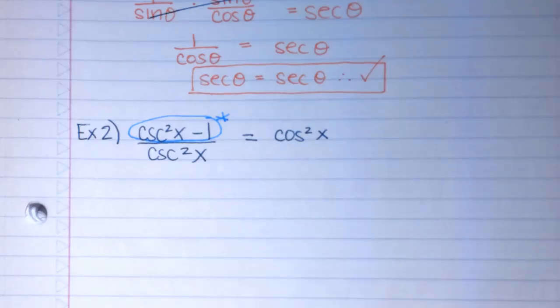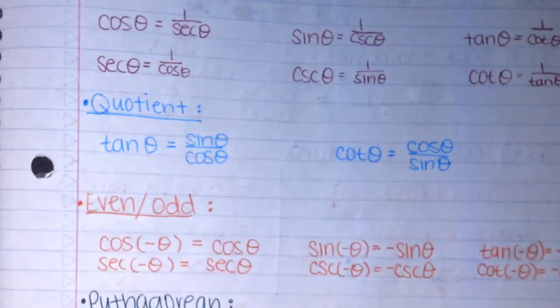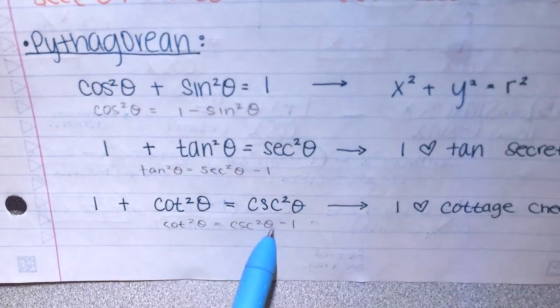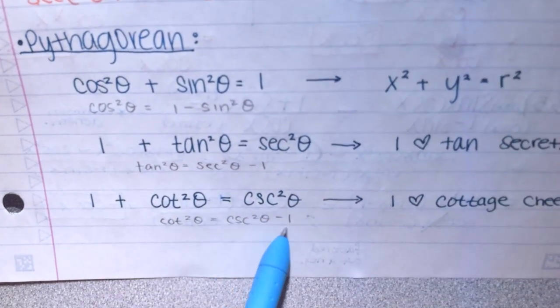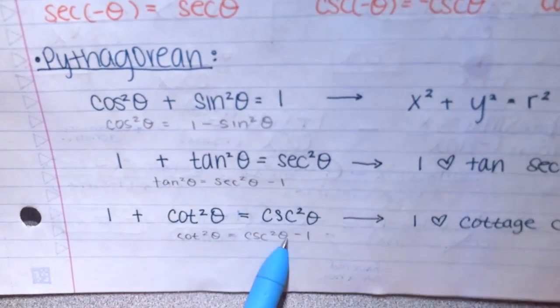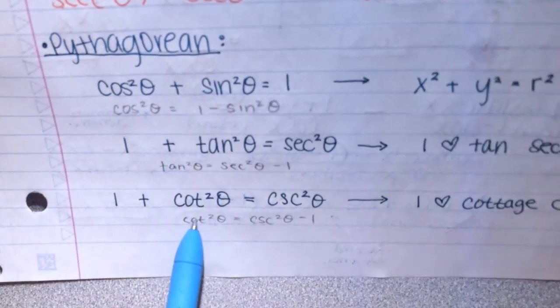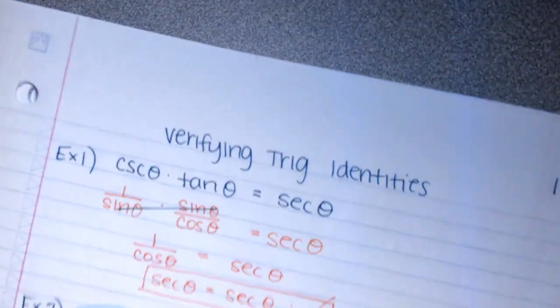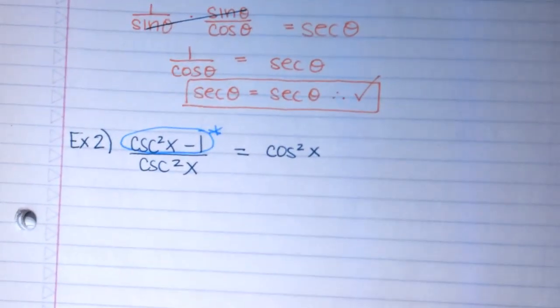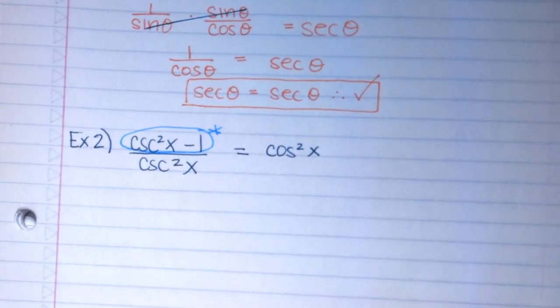Cottage cheese. And let me just prove it to you again. Right here. Cosecant squared theta minus 1. What does it equal? Cotangent squared theta. You can remember it by cottage cheese.